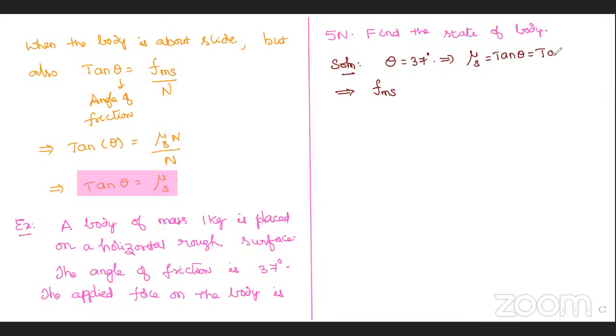Tan 37 is 3/4. So Fms is equal to mu s into N, that is 3 by 4 into N, which is mg. What is the mass? 1 kg means mg is 10. So 0.75 into 10 is 7.5. Yeah, exactly, Lakshmi Gayatri.